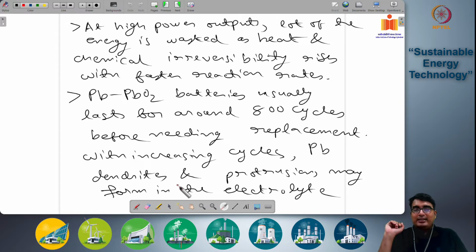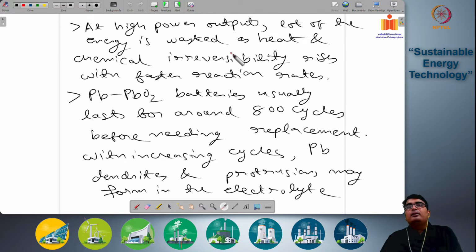Now the reason why this is happening is, at high power output, a lot of the energy is wasted as heat, and chemical irreversibility rises with faster reaction rates. Remember, in a battery what we have are chemical reactions. As the speed of the chemical reaction increases, the reactions move away from thermodynamic equilibrium.